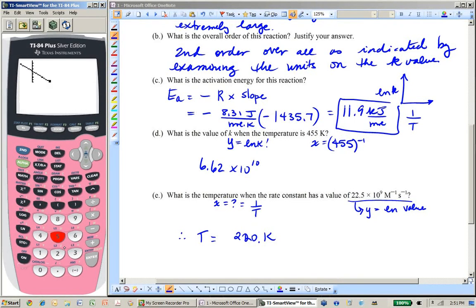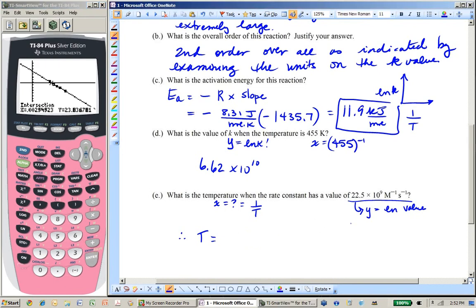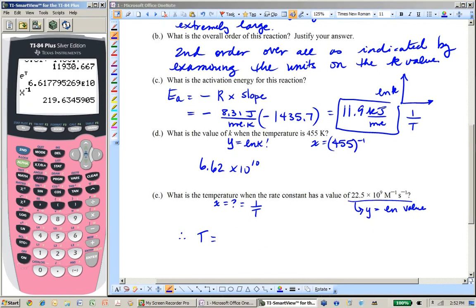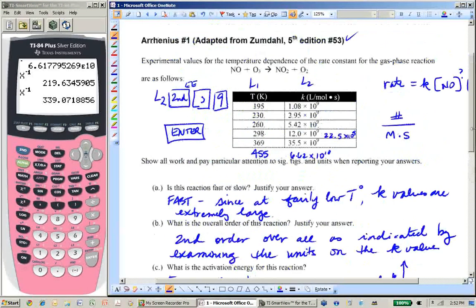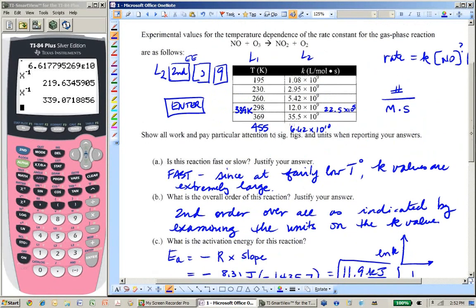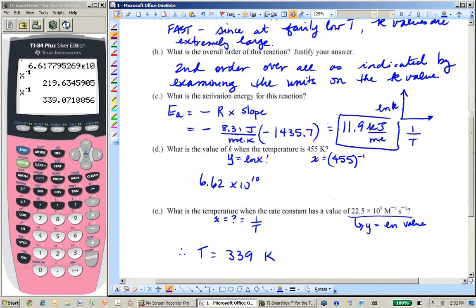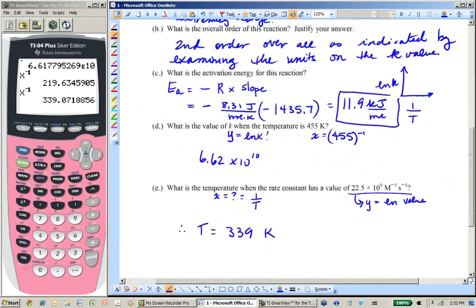All kinds of struggles right now. 5. Enter, enter, enter. Now, quit this screen. Take x to the -1. That makes much more sense. 339 Kelvin. Yep, 339 Kelvin. So there's value in actually putting it back up in your table, because even I make lots of mistakes. Okay, so 1 down, 5 to go.